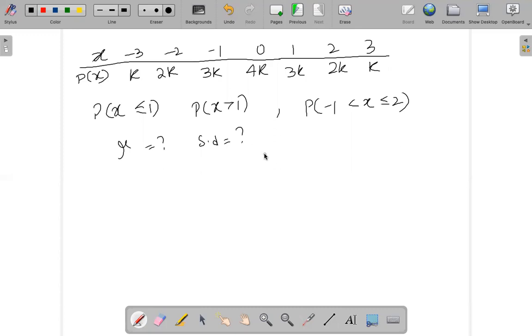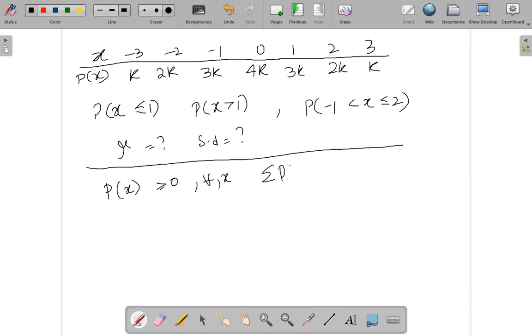The first thing is, here we have P of x greater than or equal to 0 for all x, and the summation of P of x is equal to 1. The first condition is satisfied if k is greater than or equal to 0.